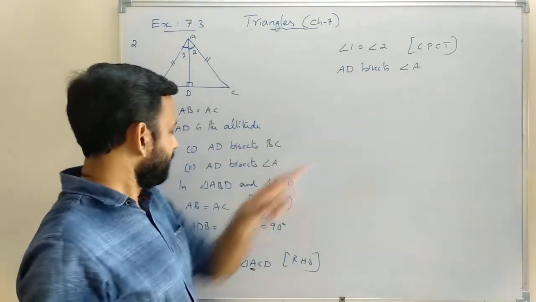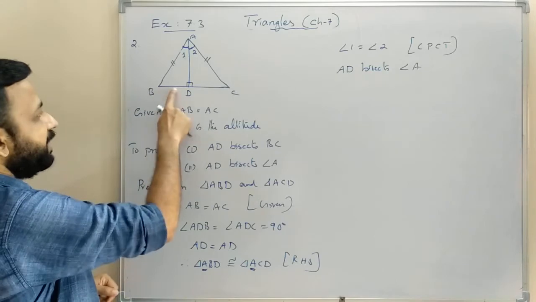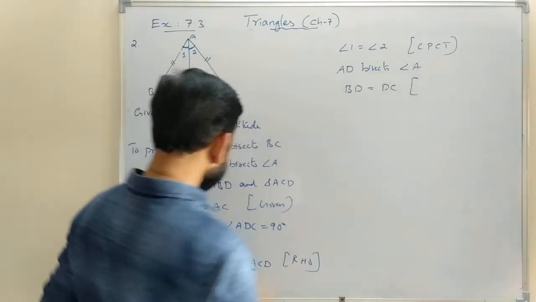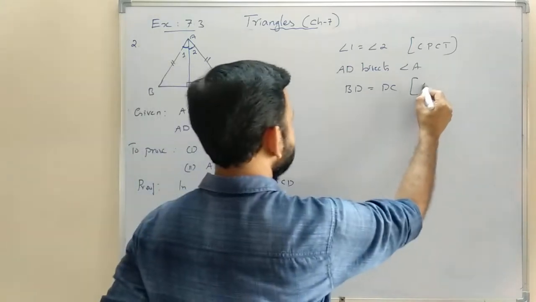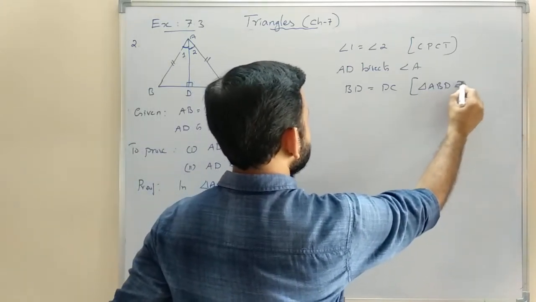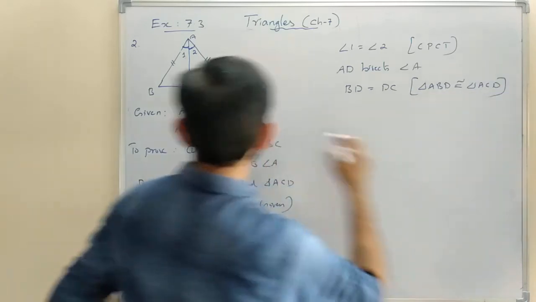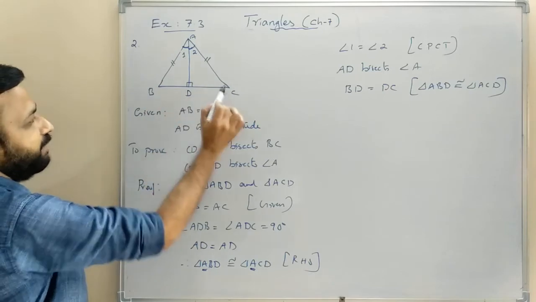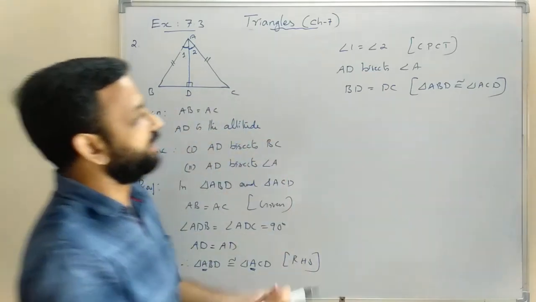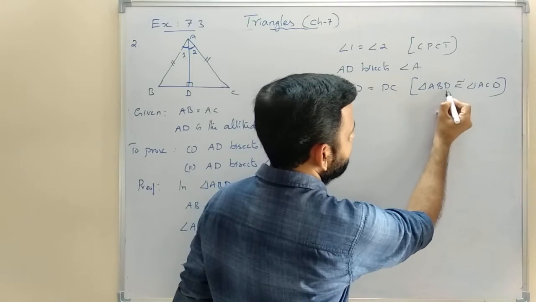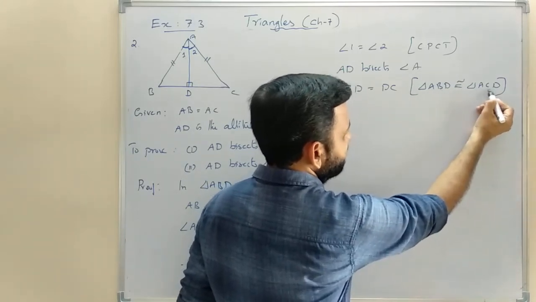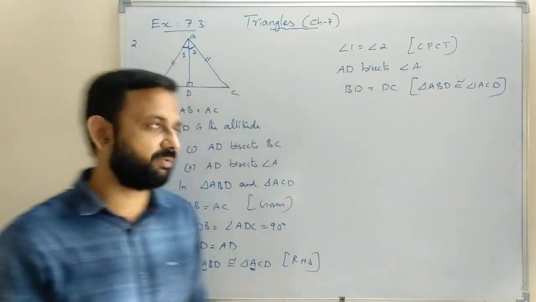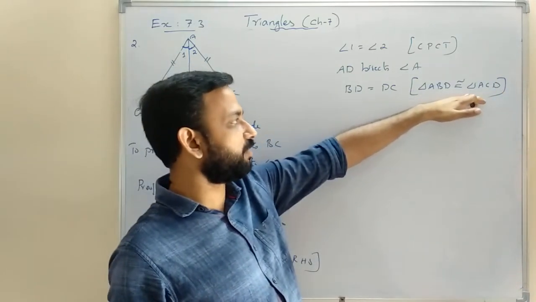Then again BD equal to DC. Reason? Same reason, that the two triangles are congruent: triangle ABD congruent to triangle ACD. If they are congruent, then the corresponding parts are equal. So BD and DC are the corresponding parts, CPCT.